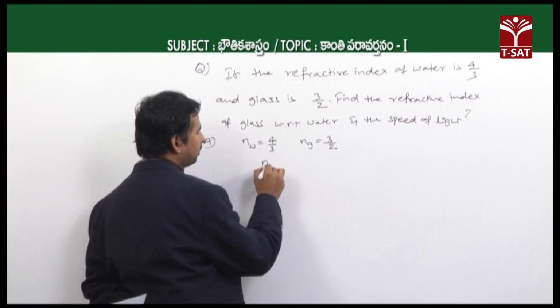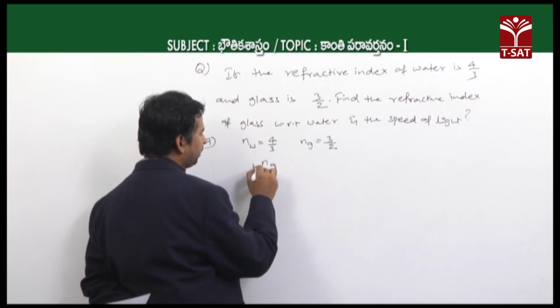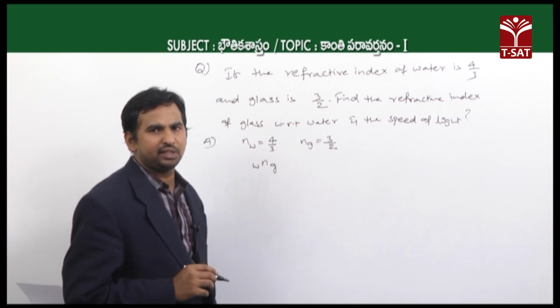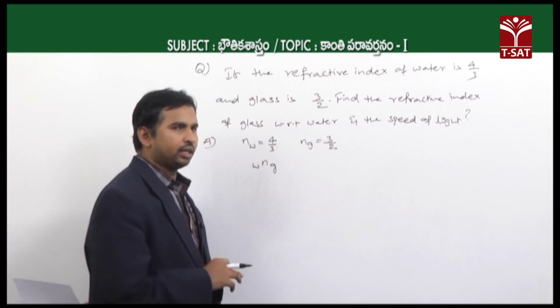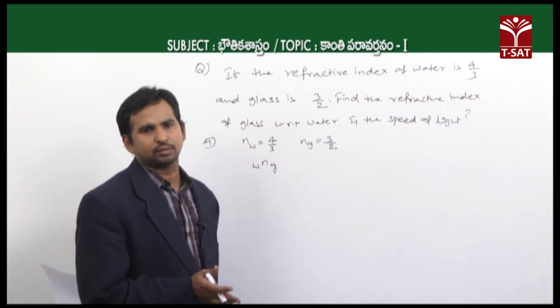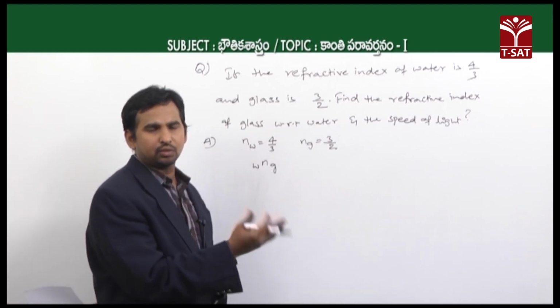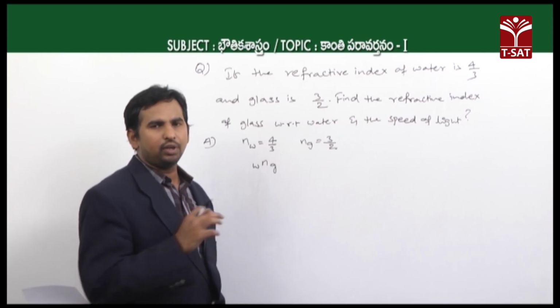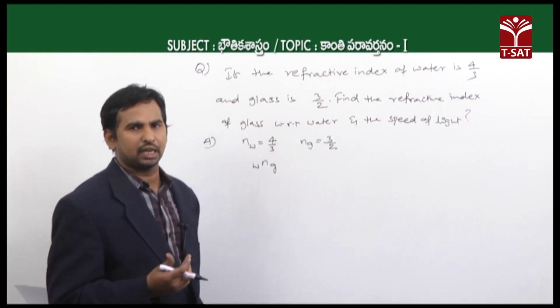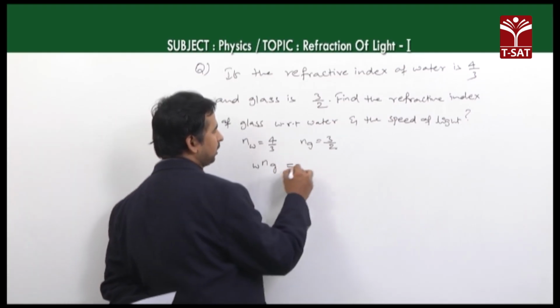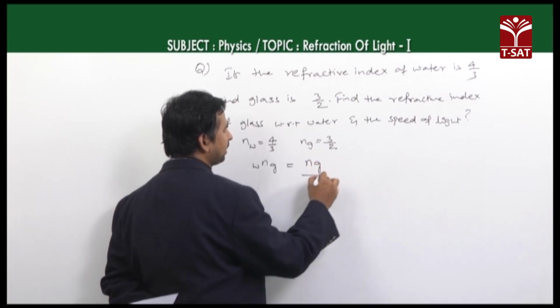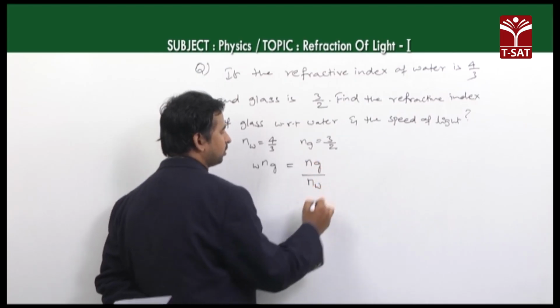So, the refractive index of glass with respect to the water means here we are taking the light rays coming from water to the glass. Whenever we have the refractive index of glass with respect to the water, we are comparing the refractive index of the glass with respect to water, which is nothing but the refractive index of glass by the refractive index of water.